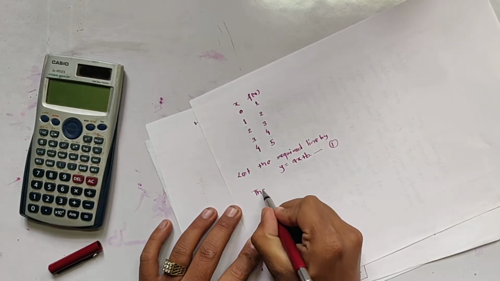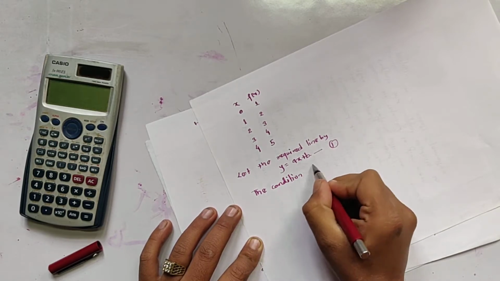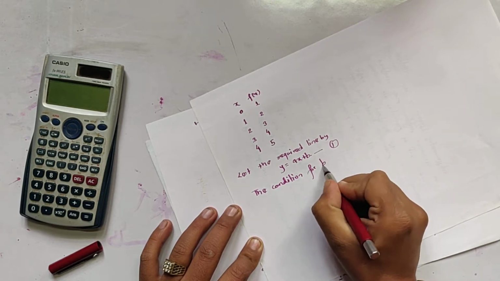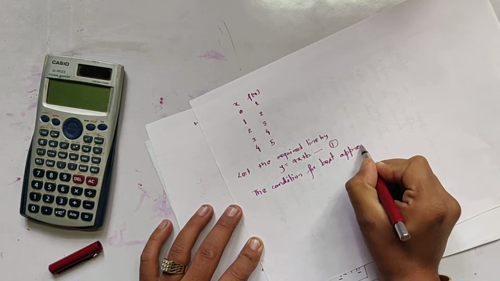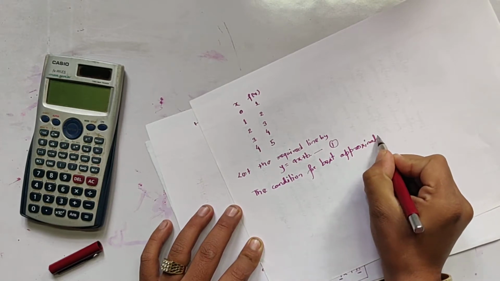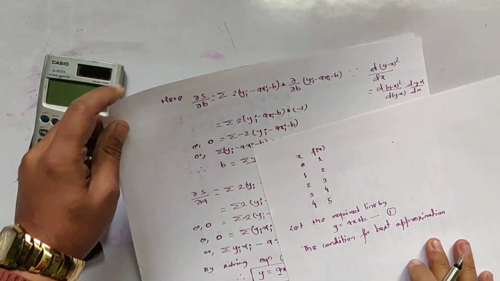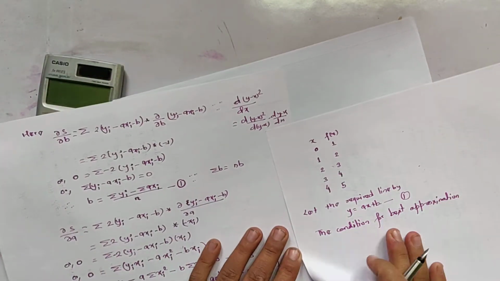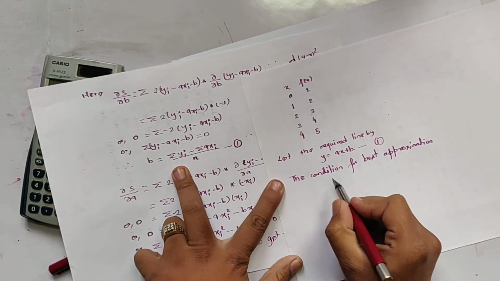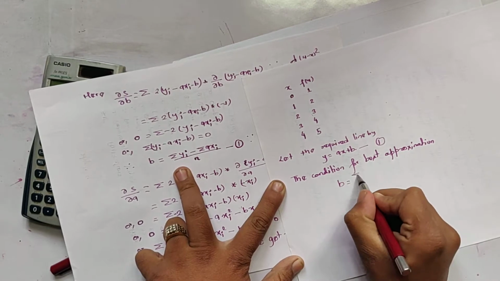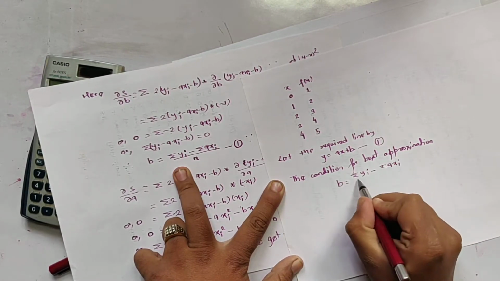So the condition for best approximation. What was the condition for best approximation? Yes, these were the conditions for best approximation, that is b equals summation yi minus a summation xi, divided by n.